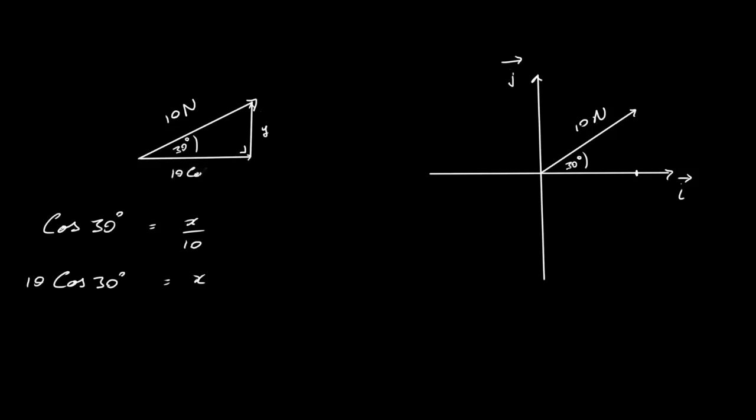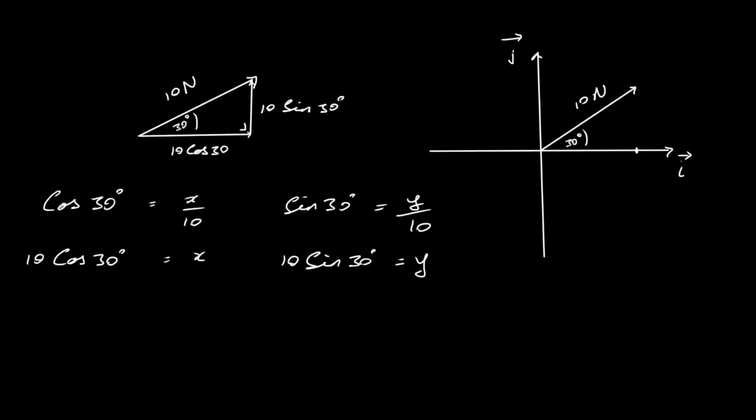I can also similarly do sine of 30 degrees, and this component here will be 10 sine 30 degrees. Sine of 30 degrees is just going to be y over 10, so y is just going to be 10 sine 30 degrees.